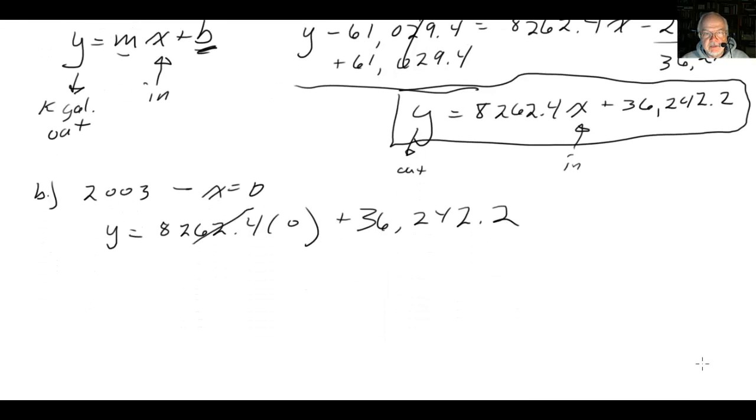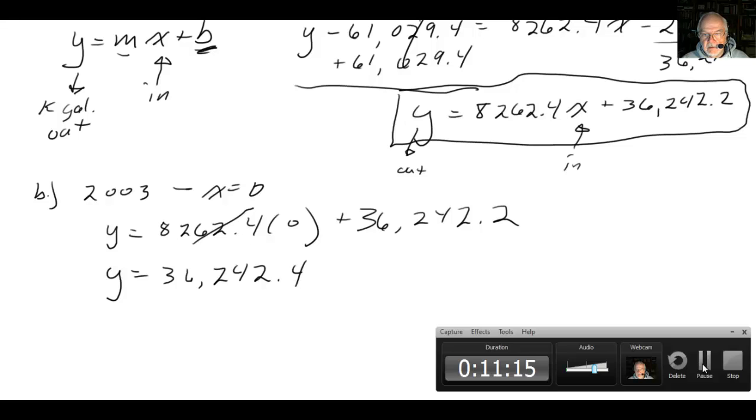Oh, this is nice. This goes away because 0 times anything is 0. So in 2003, the amount of ethanol, E85, came to 36 million roughly, give or take, 242.